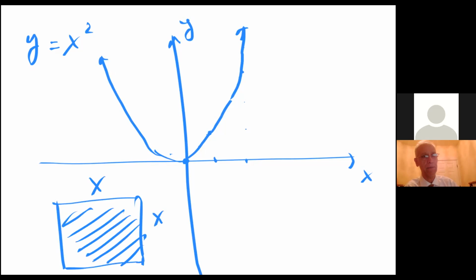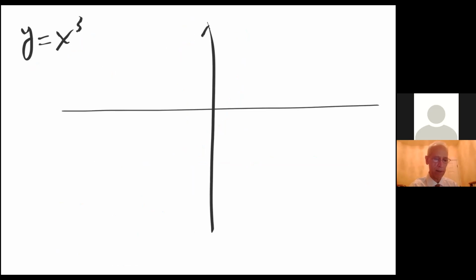Similarly, when you do y equals x cubed, you have something like this, x and y. When x is 0, y is 0, 1 goes to 1, and 2 goes all the way to 8 somewhere here.